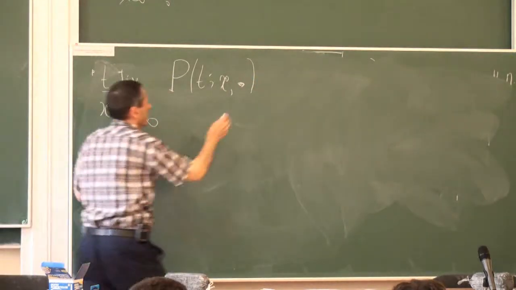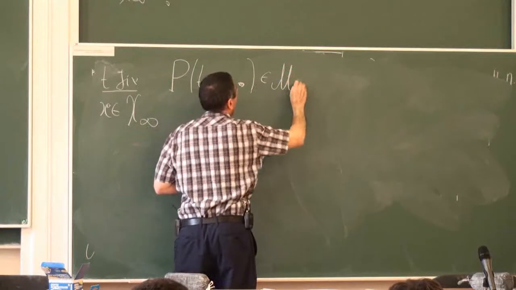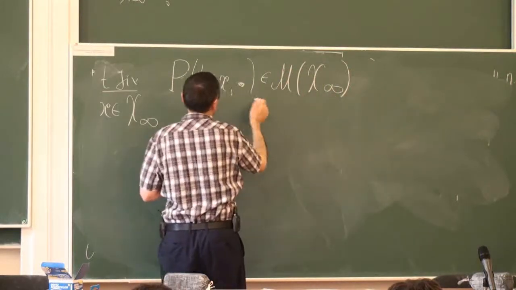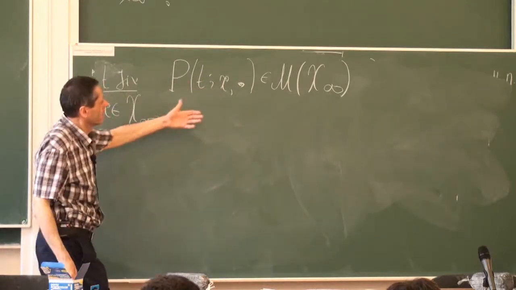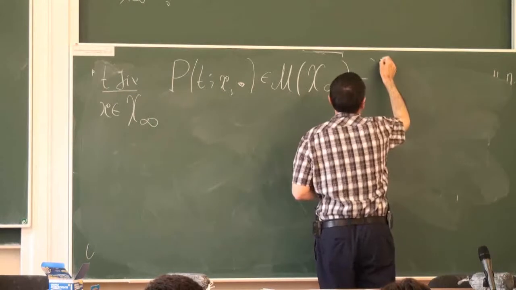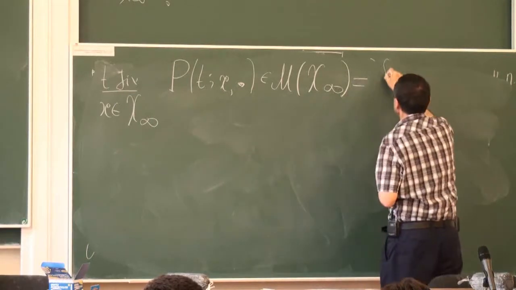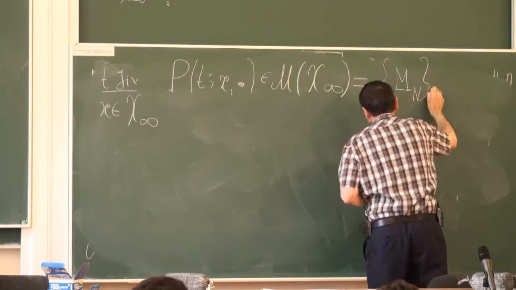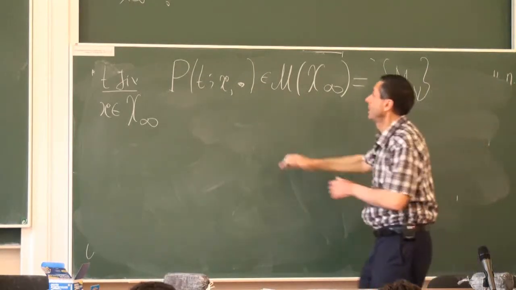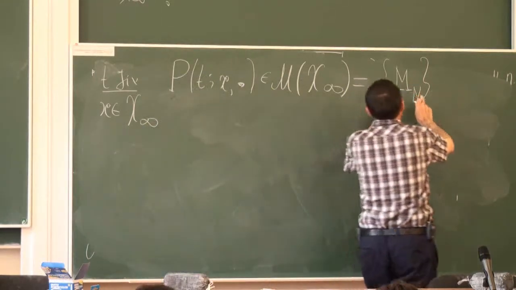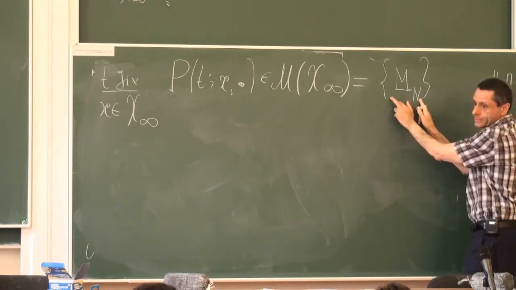So this should be a measure on X infinity, and we know that this is nothing else than some coherent family. So in order to define this object, it's enough to indicate what are these measures.